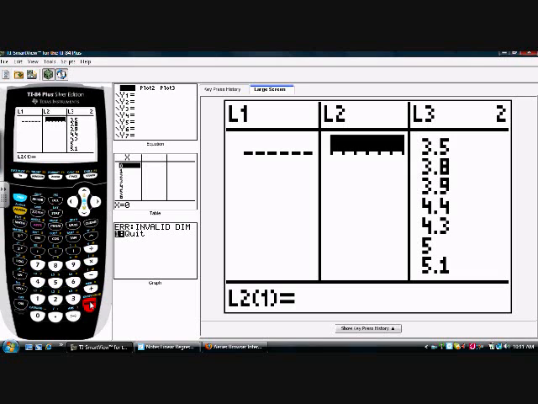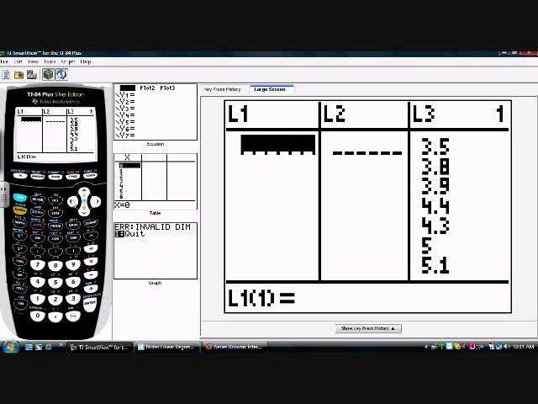So how you're going to enter the data from the previous page is you're going to take that input list, and I believe the first number on that was 3.5. Hit enter, and then the next number is 3.8, and enter.